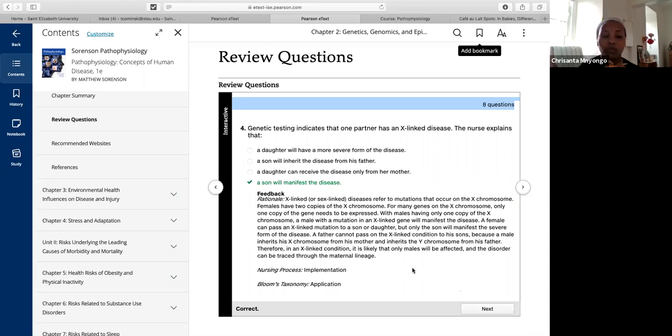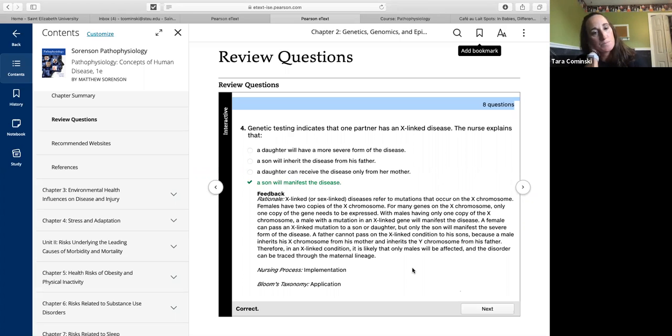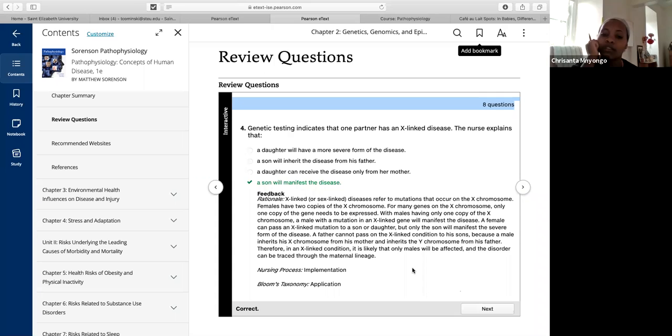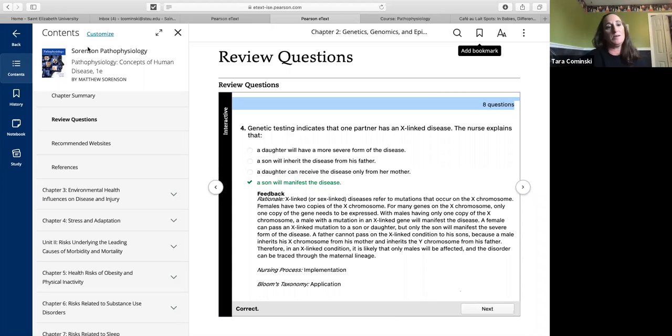This isn't in Moodle. This is in the e-text of the book. If you go into the MyLab, that's why I'm saying it's kind of useful to have this, but we'll keep going through that.